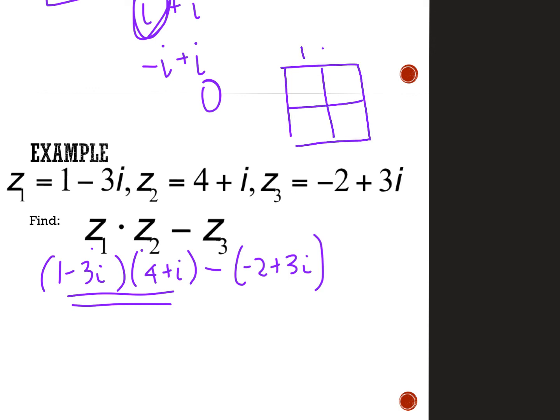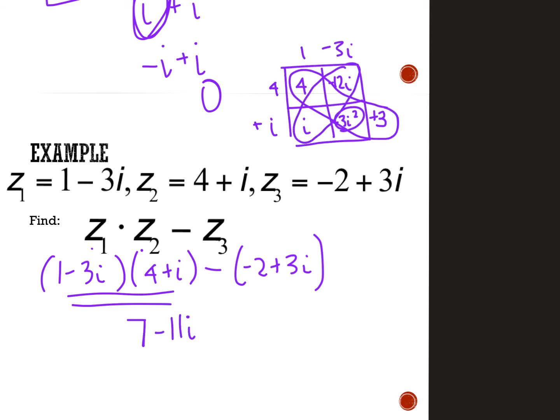Okay, so I'm doing 1 minus 3i along with 4 plus i. So this is 4, this is -12i, this is positive i, and this is -3i squared, in other words, positive 3. Okay, putting 3 and 4 together, I get 7, and putting these i's together, I get -11i.